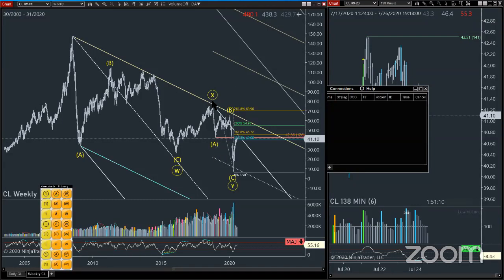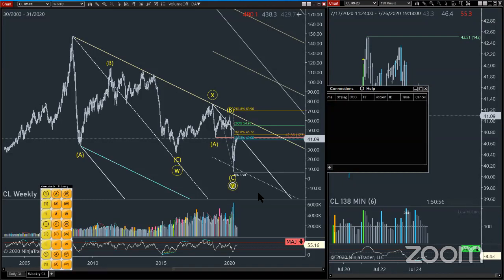So this would be the final 3, A, B, C. You would expect that A wave down would break the preceding C wave low in a downward corrective pattern, but most of the time it doesn't actually do that, and then you end up with a much smaller ABC for the final Y leg.